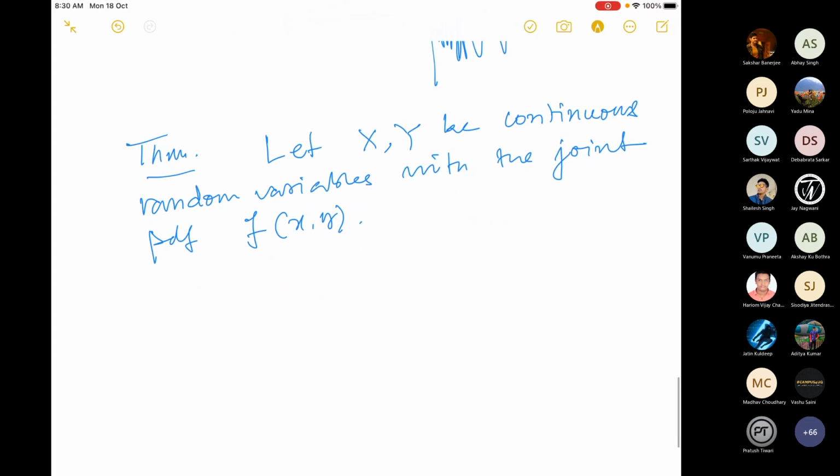And let we have two functions: U, which is a function p of X and Y, and V, which is a function q of X and Y.